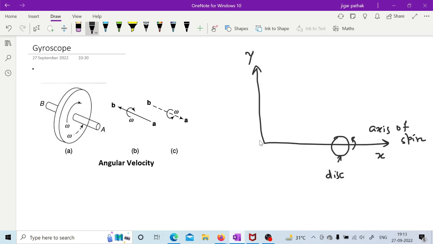Now if this rotating element has any rotating motion about this y axis, which can be considered as the axis of precession, then whenever this disk rotates about this y-axis also, in addition to its spin axis, there will be a generation of angular acceleration, and that angular acceleration will try to move the object or the disk in a particular direction.